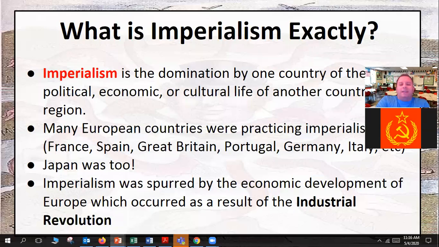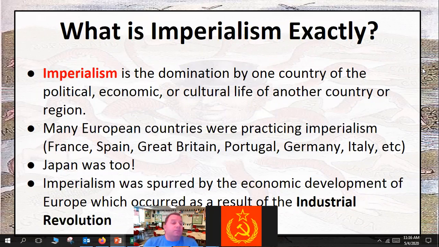So how exactly do we define imperialism? What exactly is it? Okay, I think the common working definition of imperialism is that it's the domination of one country by some other country, either through their political, economic, or cultural life. Okay, and so they are controlling the country in one, or in some cases, all three of those different ways.